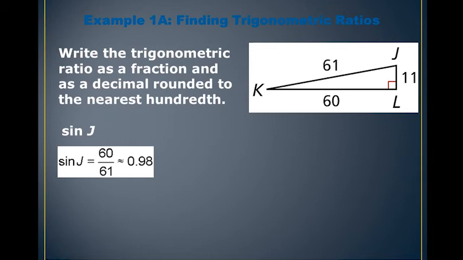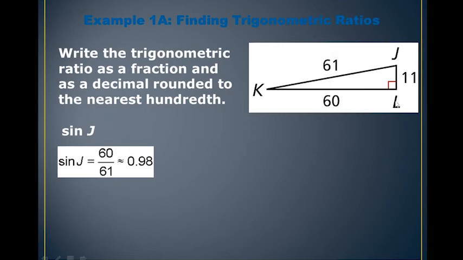The key here is we always have to consider the 90-degree angle. The side opposite to this 90-degree angle is always the longest side of the triangle, and this is named the hypotenuse. The side which has the angles on both of its ends, one the 90-degree angle and here the angle J, is the base.